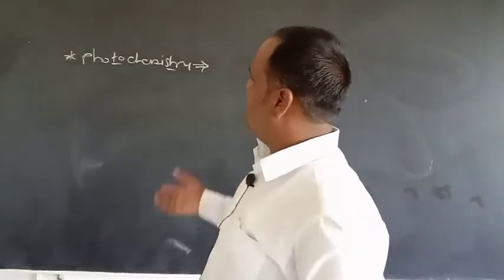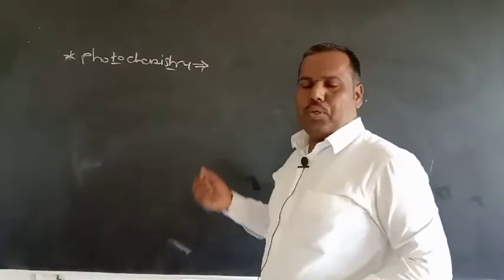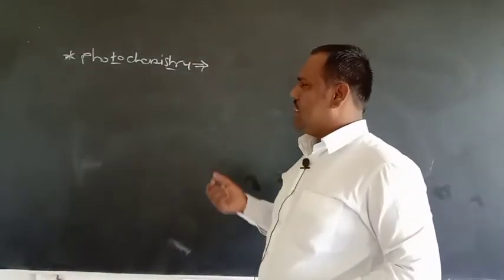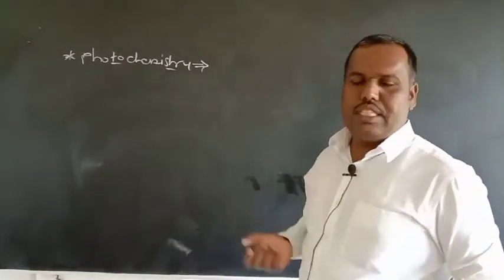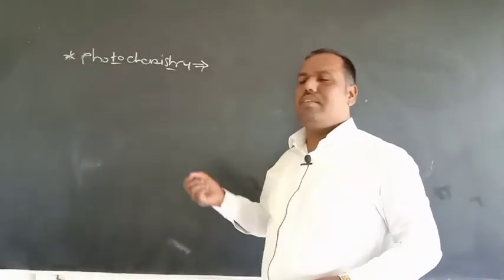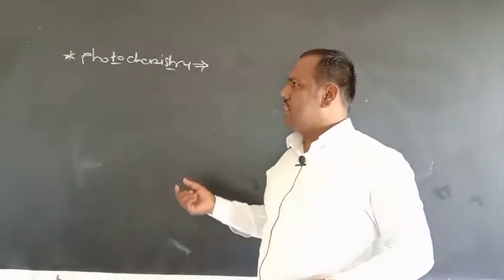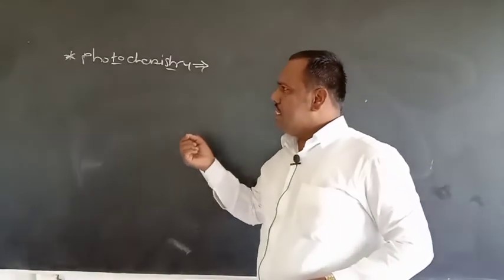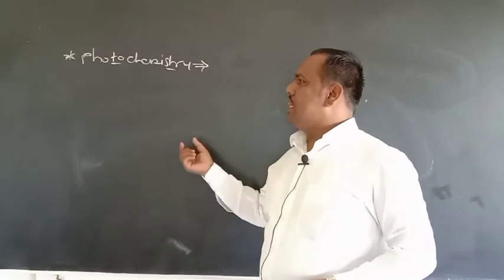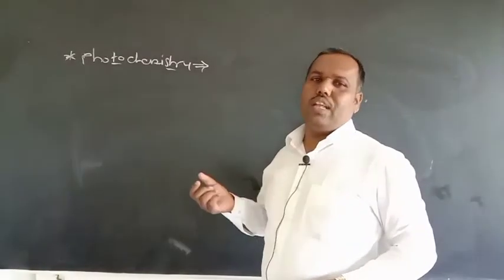So, what is photochemistry? Photochemistry is a branch of chemistry which deals with the study of the rate of reaction and mechanism of a reaction which is carried out with the help of irradiation of light.